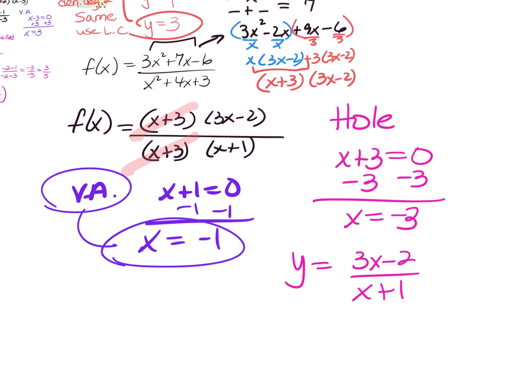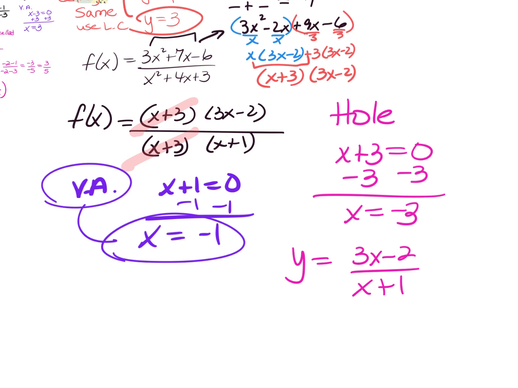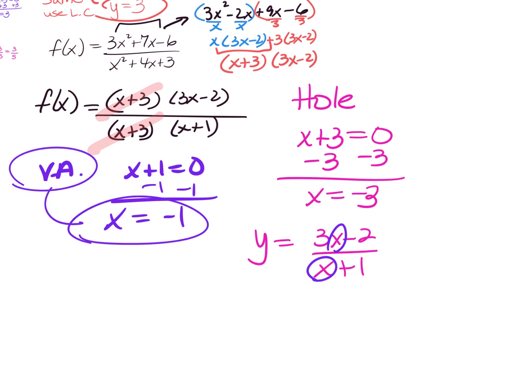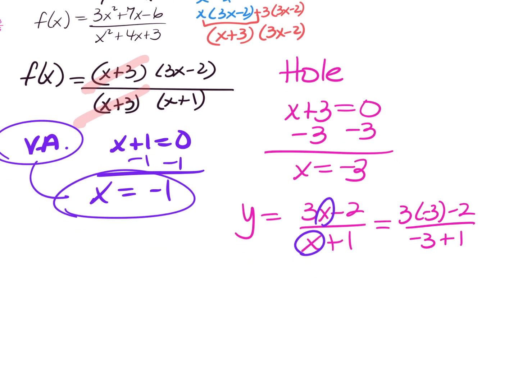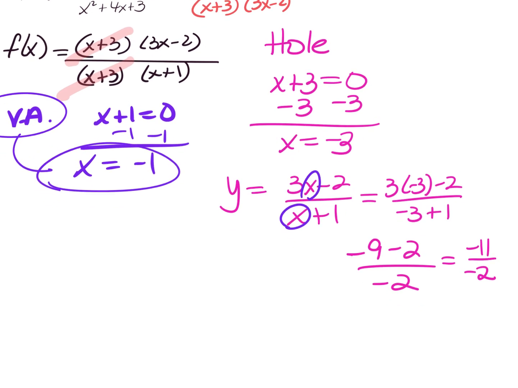So now I'm going to plug in negative 3 for all my x's here. So then I get 3 times negative 3 minus 2, over negative 3 plus 1. This gives me negative 9 minus 2 over negative 2, which gives me negative 11 over negative 2. So the y value is going to be positive 11 over 2, or 5.5.